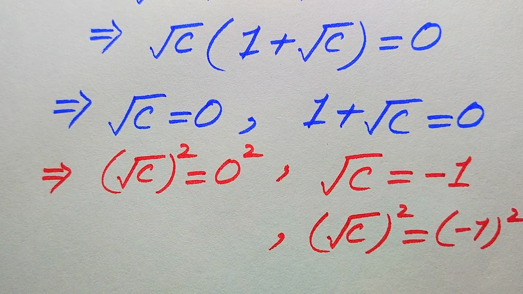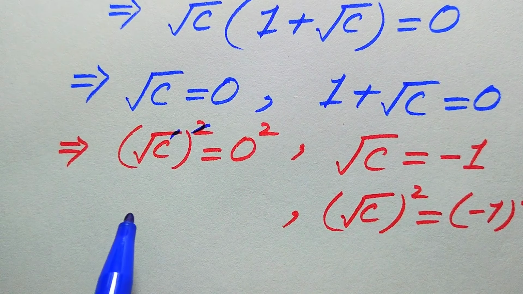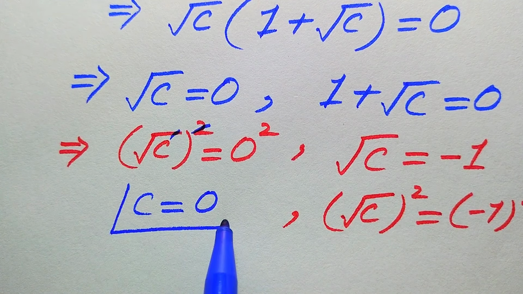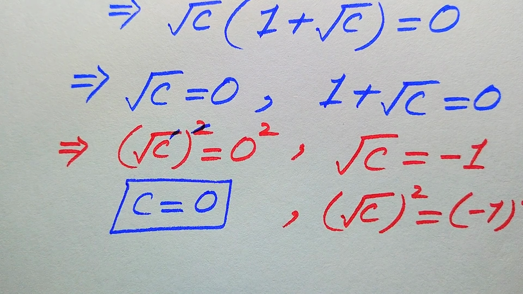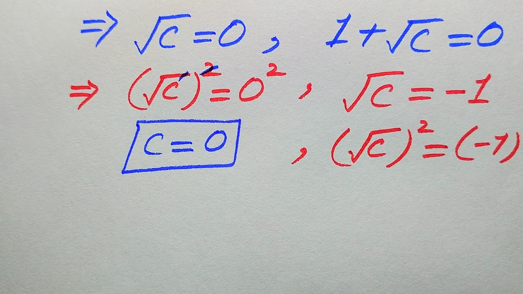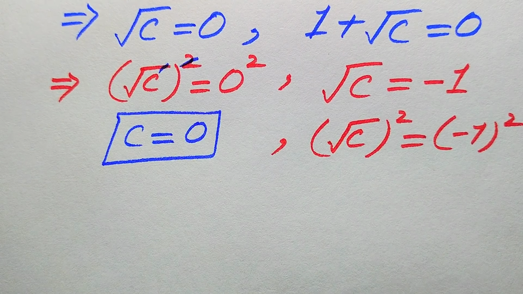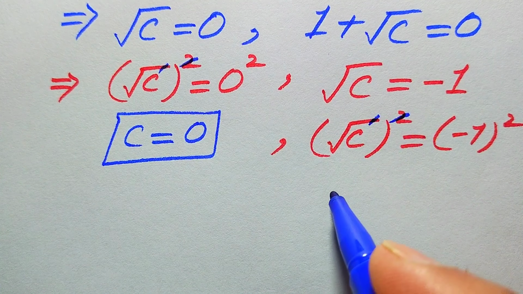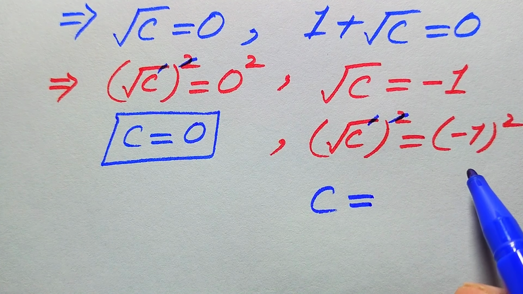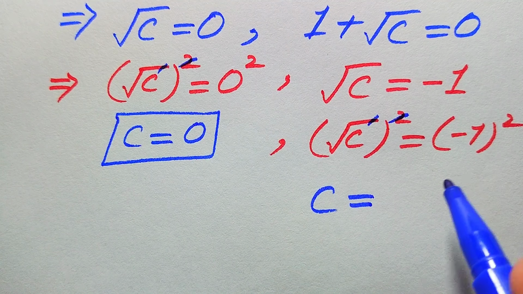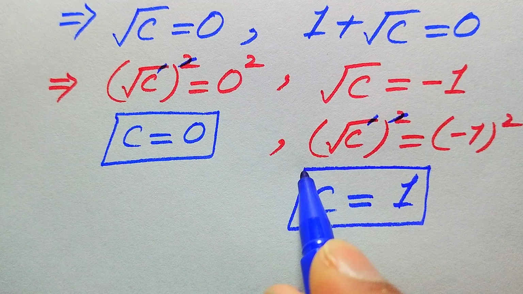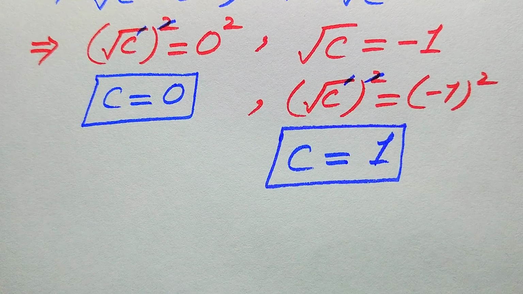Further, the square and square root are gone, and we get here c is equal to 0 square, and 0 square becomes 0. Here we get the first root of the given equation, and that is c equals 0. From here you see that the square and square root are gone, and we get c is equal to minus 1 square, and minus 1 square becomes plus 1. So this is the second root of the given equation.